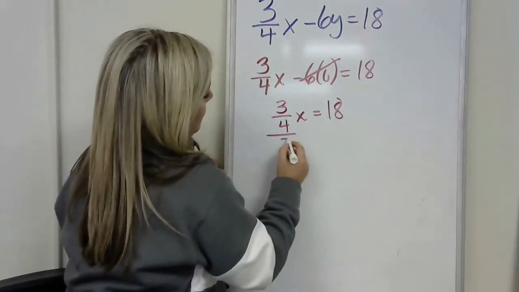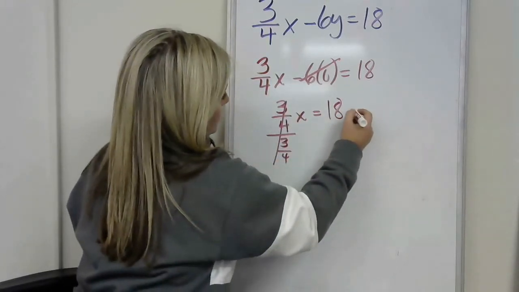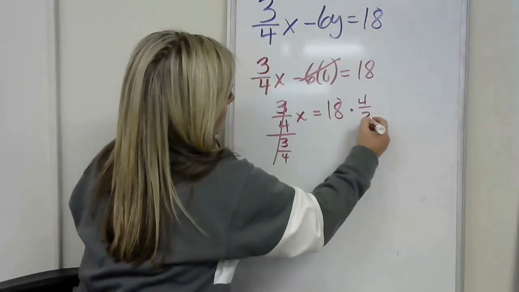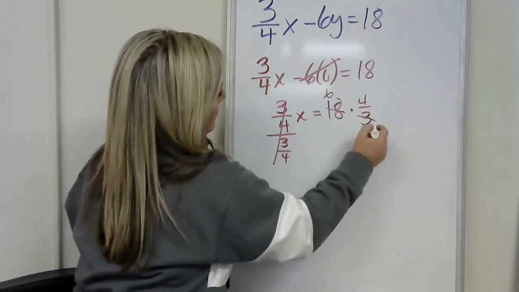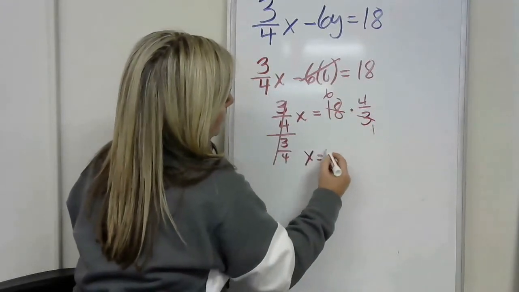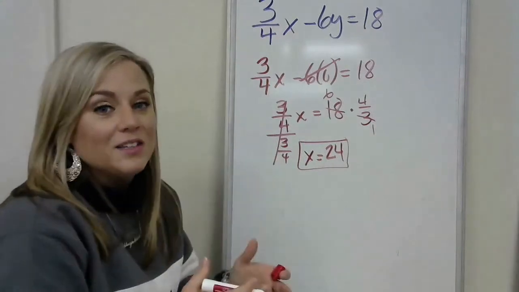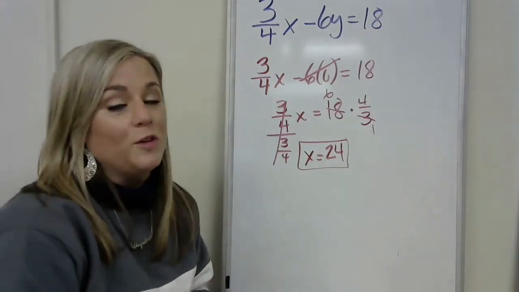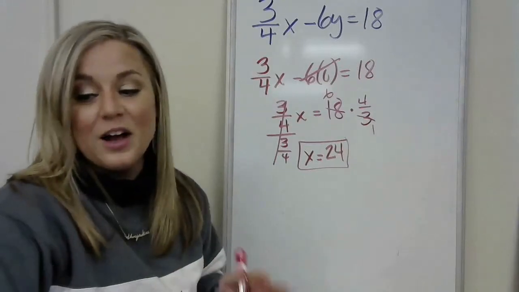I'm going to divide by 3/4 on both sides, which is the same as multiplying by 4/3. So 3 will go into 18 6 times, and x would equal 24. So my x-intercept is 24. Did you get 24? That was a really hard one to get. Hopefully you did.